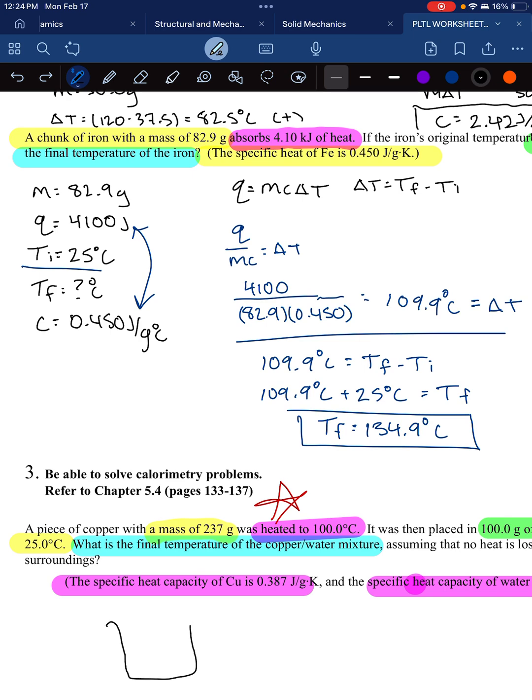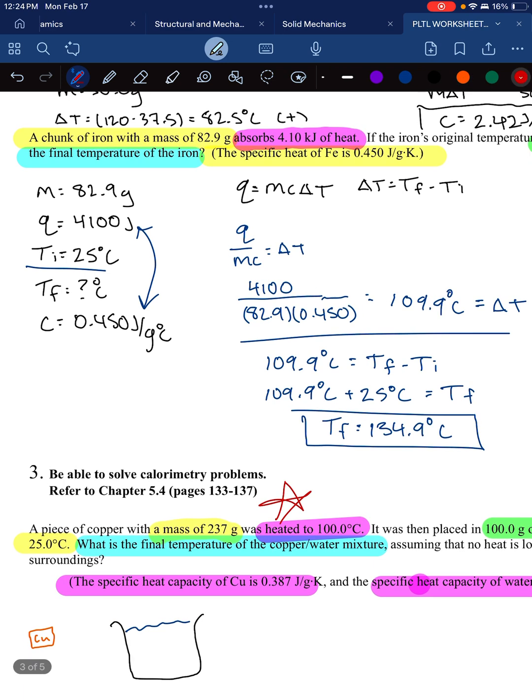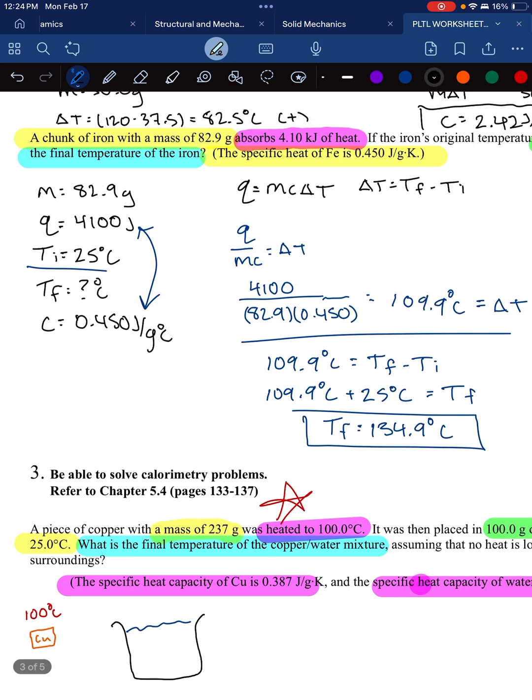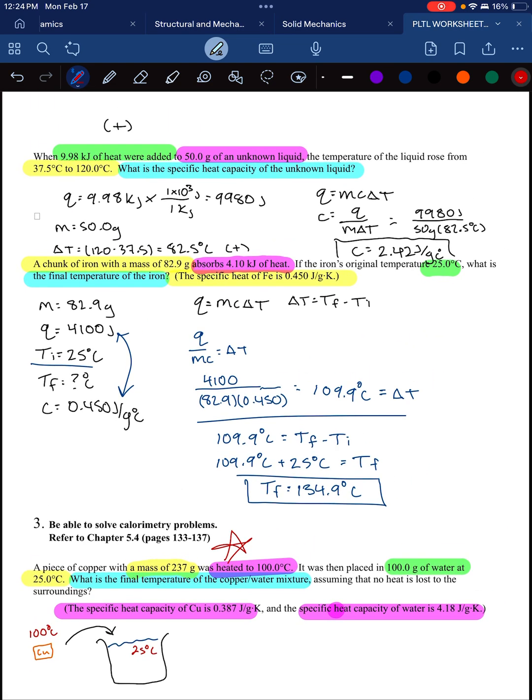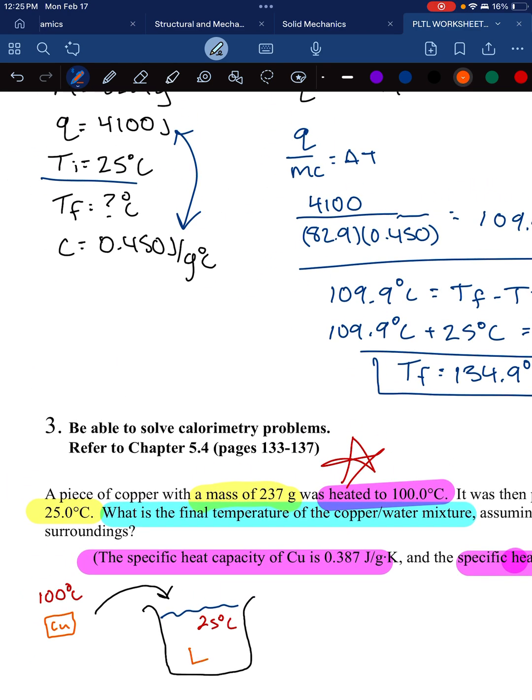Imagine we have a beaker here, and it's full of water. And we have this piece of copper, and this piece of copper is 100 degrees Celsius, right? And now I go ahead and I put that into water, but this water is 25 degrees Celsius. And when I put that copper in the water, there is a specific temperature that that copper is going to change to.